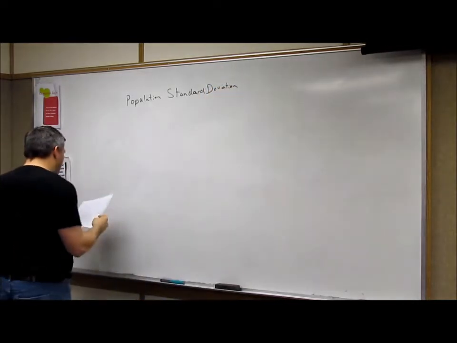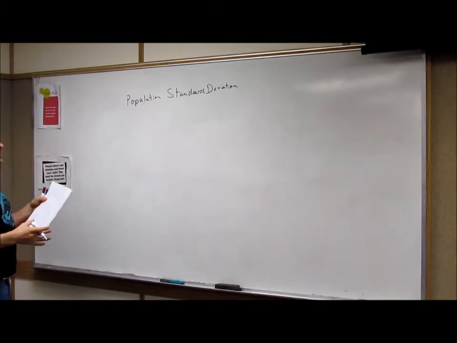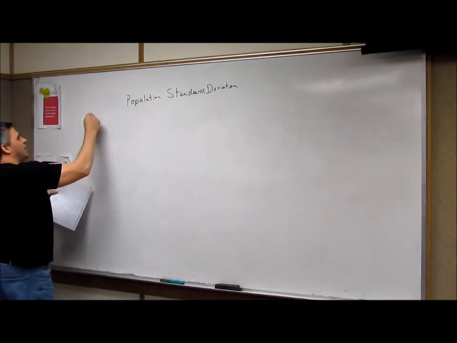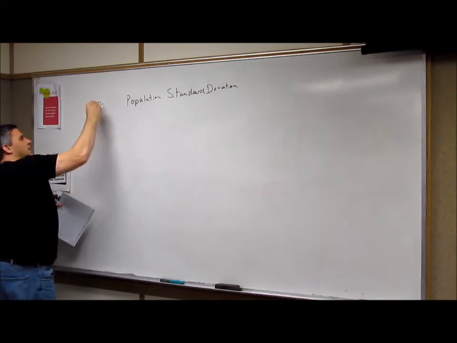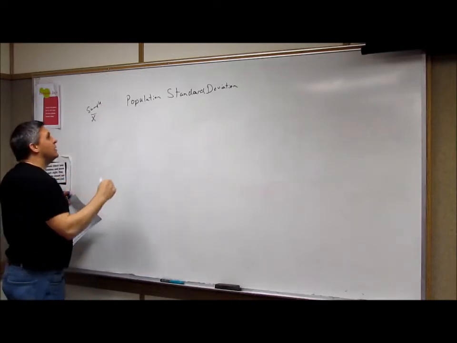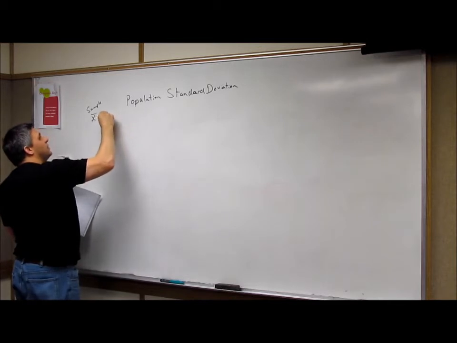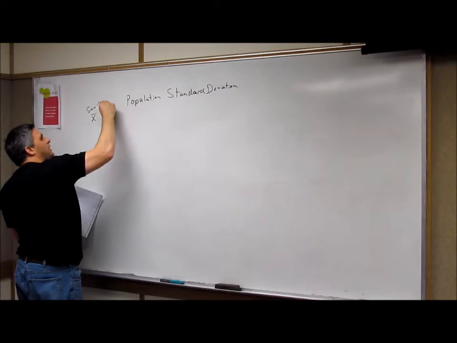Okay? So what we're talking about here is the difference between x bar, which is sample, and mu, which is population.